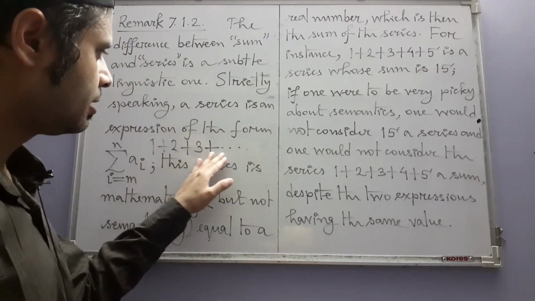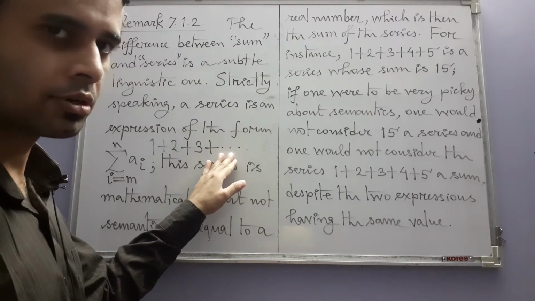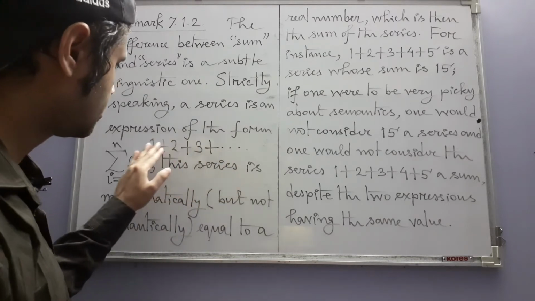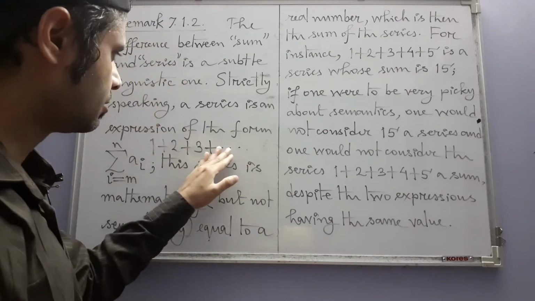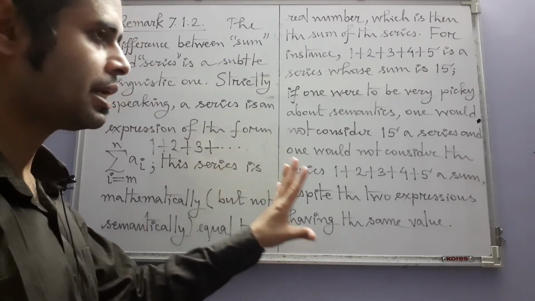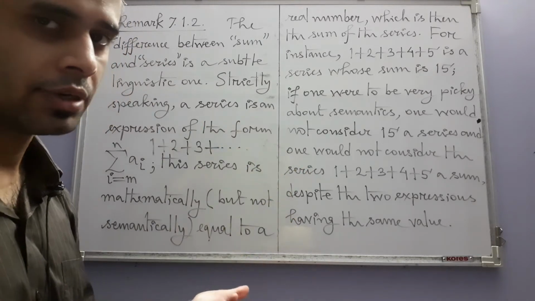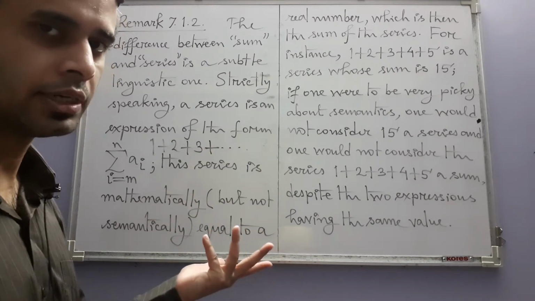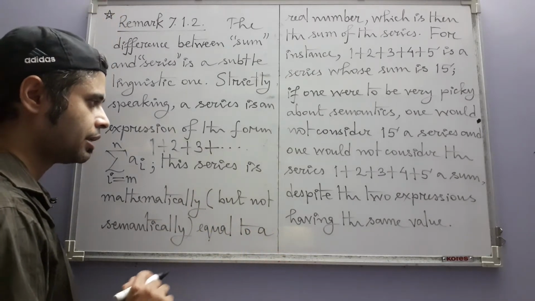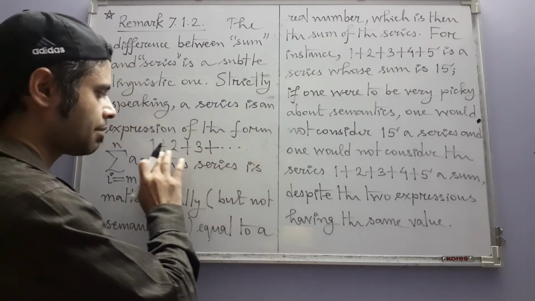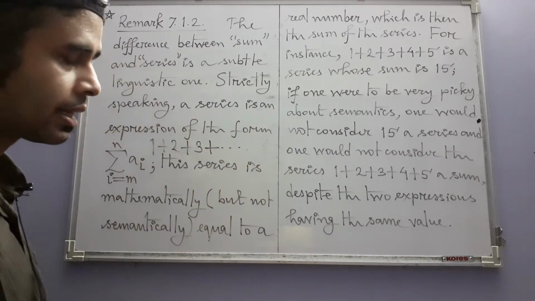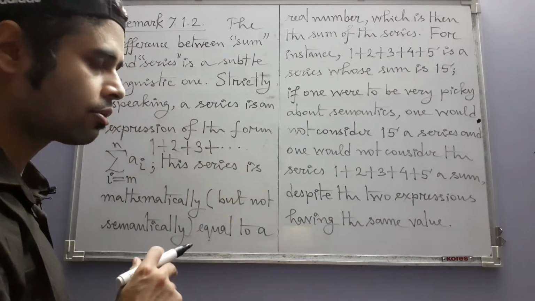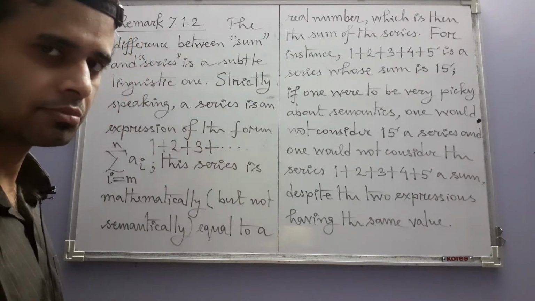In the ordinary theory of convergent series of real numbers, this expression will not be assigned any sum because it is a divergent series. We will see these things, or we probably already know about this. However, in the theory of summability of series, sometimes divergent series are also assigned some values.